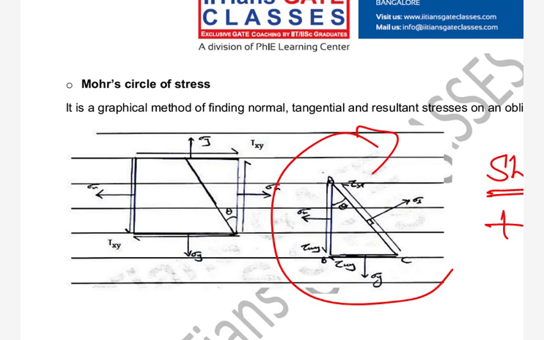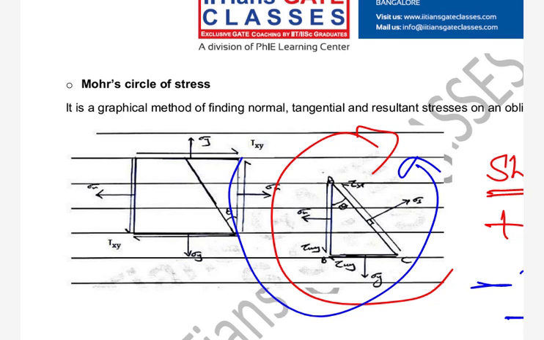If my shear stress tries to rotate my stress element in anti-clockwise direction, then it is on the negative y-axis. Is this sign convention clear? So if it is trying to rotate clockwise, then positive y-axis. If anti-clockwise, negative y-axis.